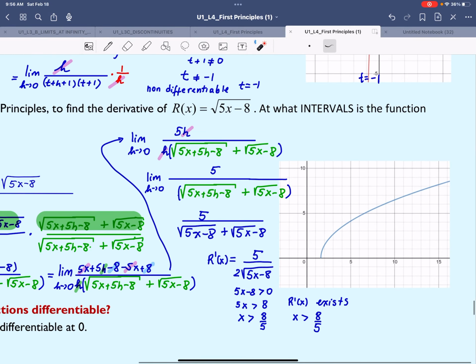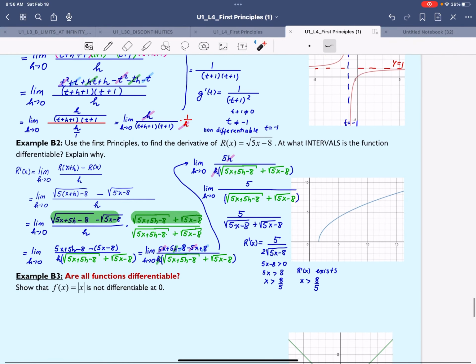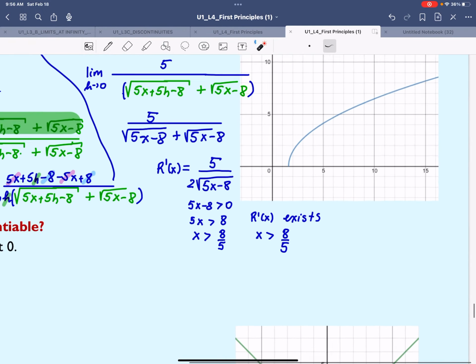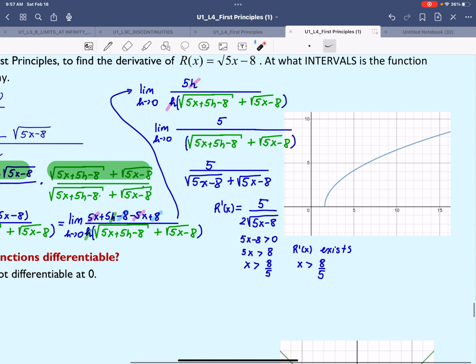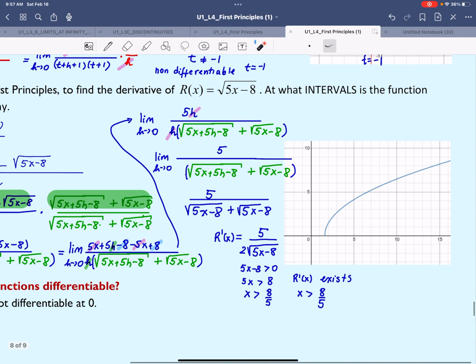So the question was asking to find the intervals where the function is differentiable, and that's how we determine this algebraically. Now, graphically speaking, the graph is the square root of 5x minus 8, which means that the function will start at 8 over 5, and then there will be some horizontal compression 5 times, and this will be the graph of the function itself.